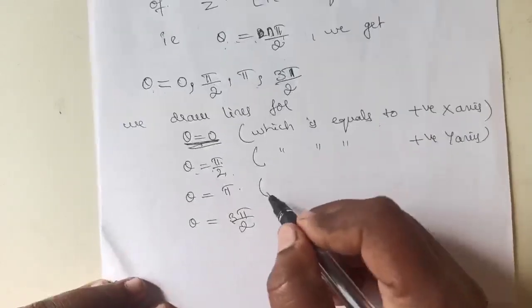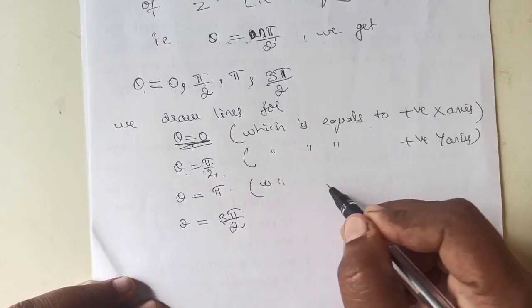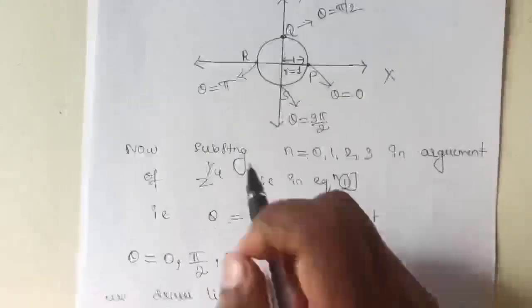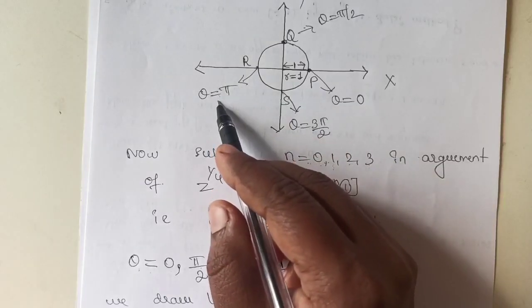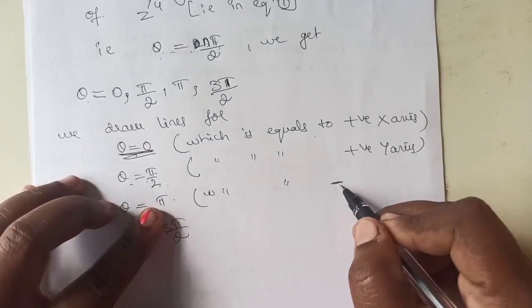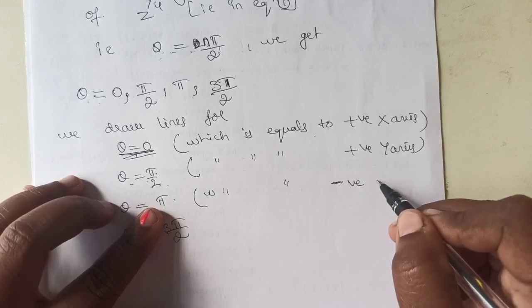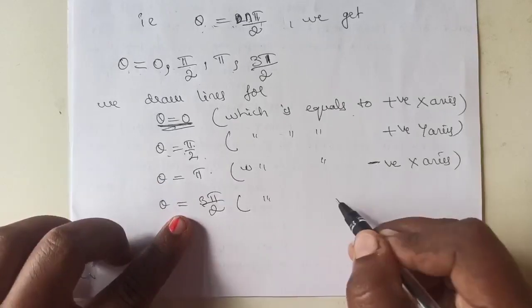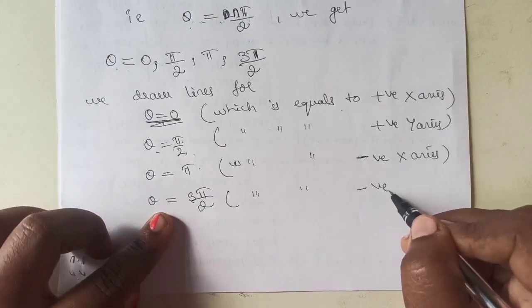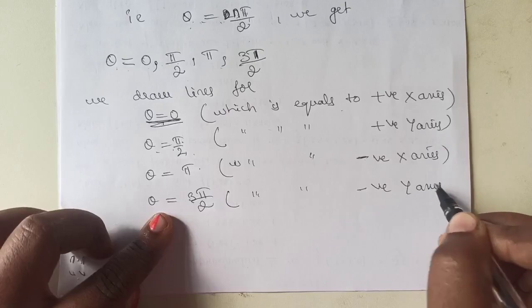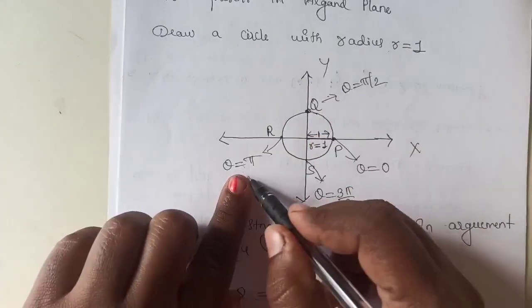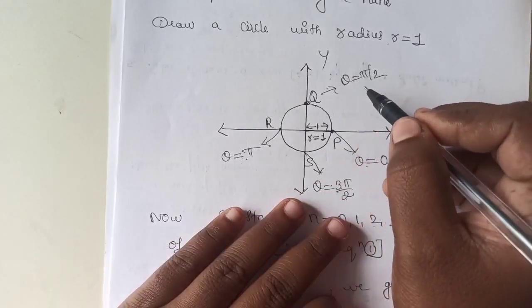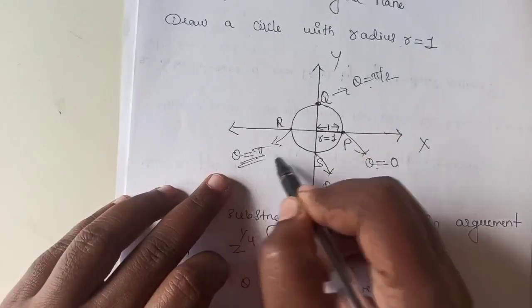Next theta equals pi, pi means 180 degrees, is the negative x-axis, and definitely this will be the negative y-axis for theta equals 3 pi by 2.